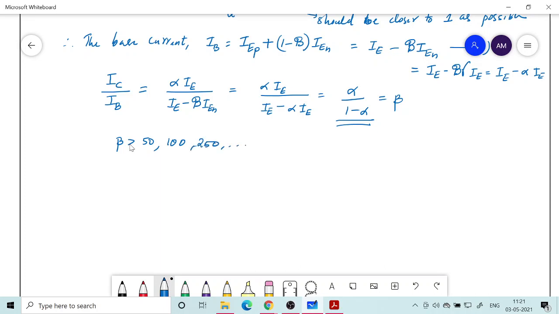So for beta to become very large, which makes a good device for constructing an amplifier, alpha should become as close to 1 as possible from this equation. So if we invert this relationship, and this let me call it 5.